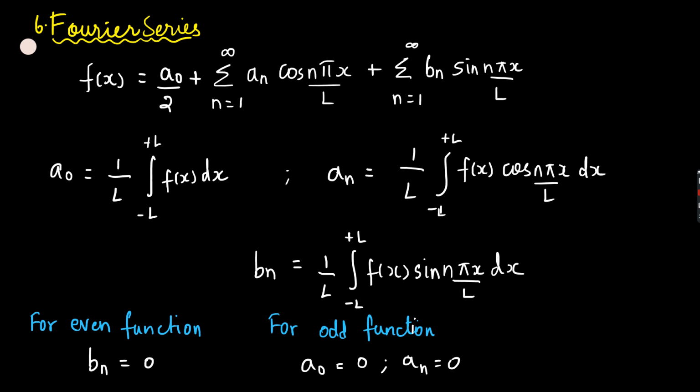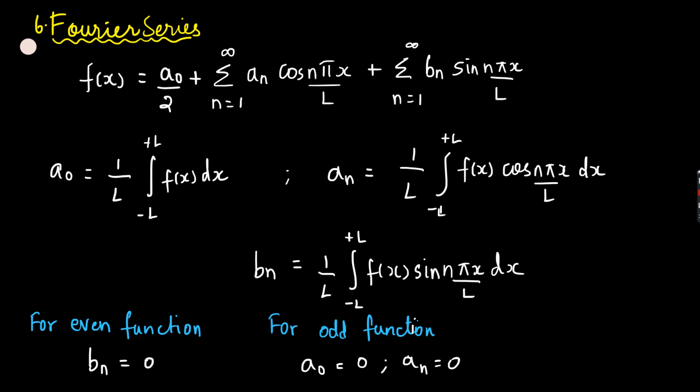Next is the Fourier series. This Fourier series is basically formula based and problem based. You have to perform all those step by step processes. There is no property where you can just directly substitute and get the answer. But basically you can first see whether the function is even or odd.